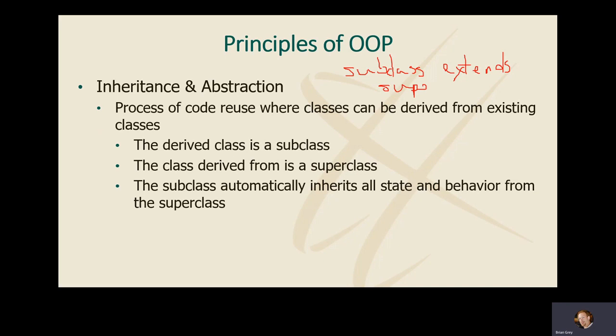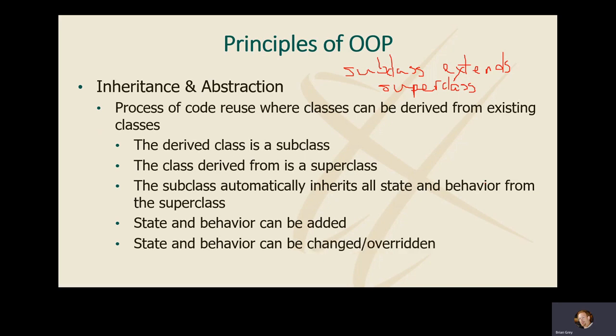What does this mean? Well, subclasses automatically get state and behavior, but state and behavior can be added in the subclass. It can also be changed in the subclass, right?